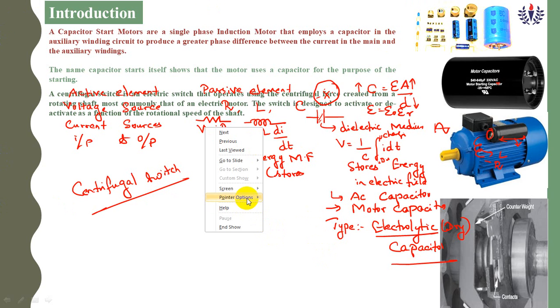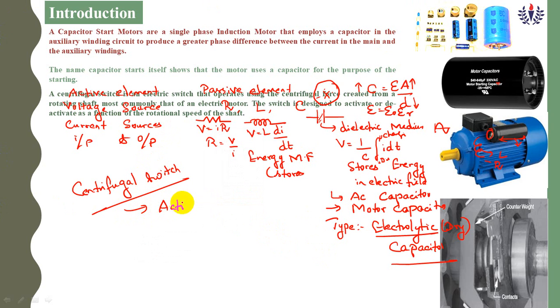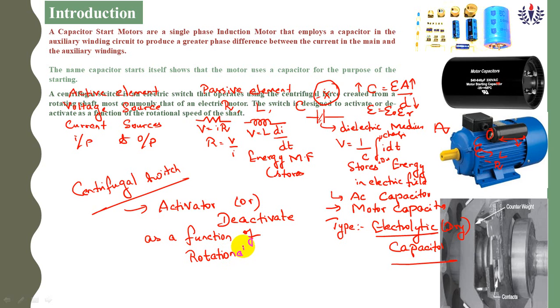This switch is designed to activate or deactivate as a function of the rotational speed of the motor.